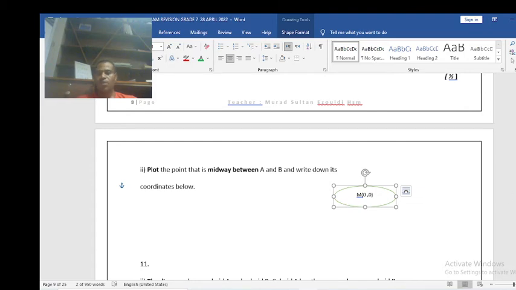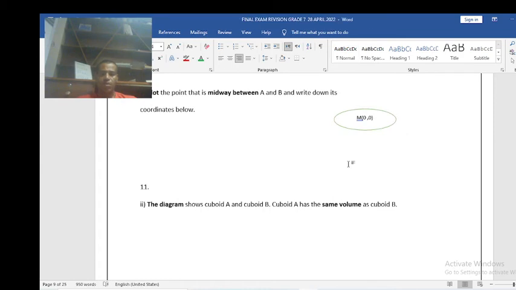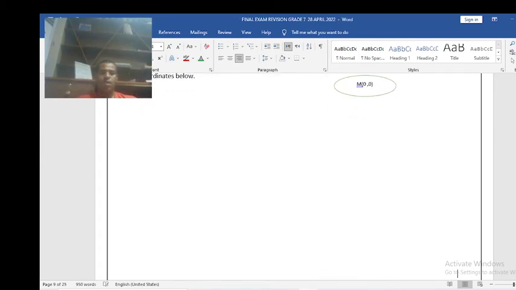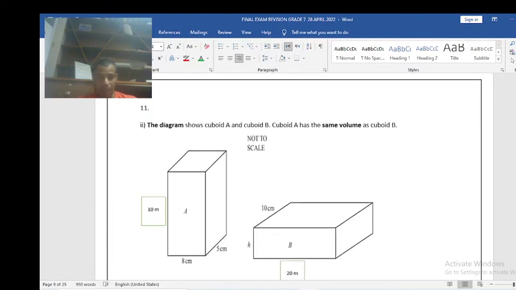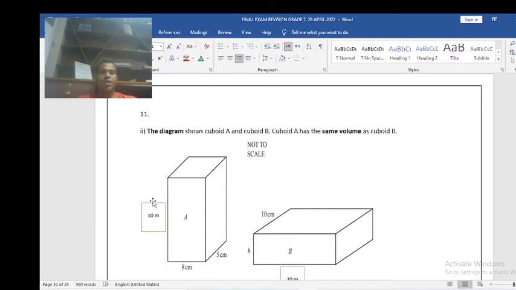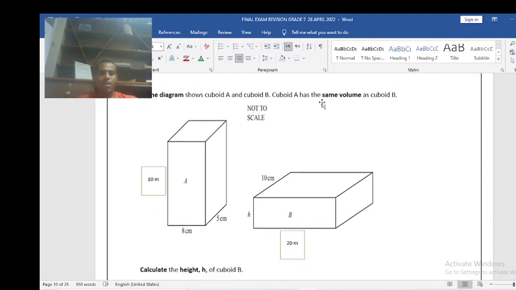Then the next question, we have the diagram below. Here the diagram shows a cuboid A and a cuboid B. Both cuboid A and B have the same volume.